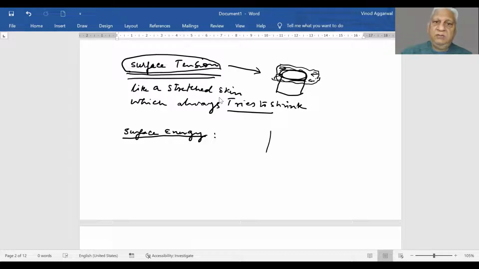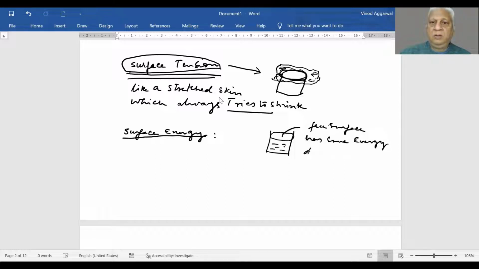So when you have a tumbler which has a free surface, this free surface has some energy due to stretching of the water membrane.